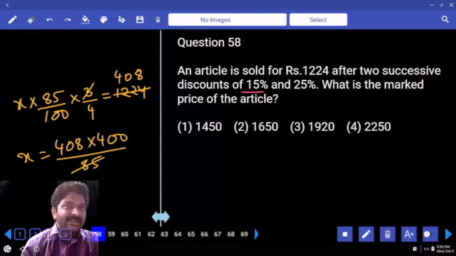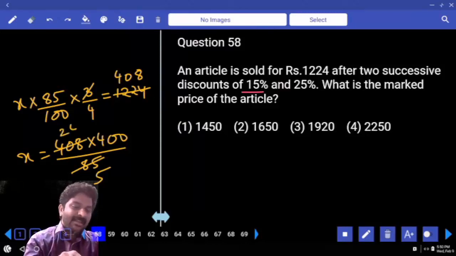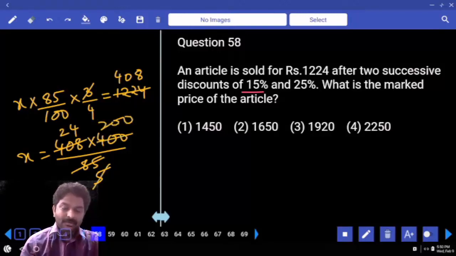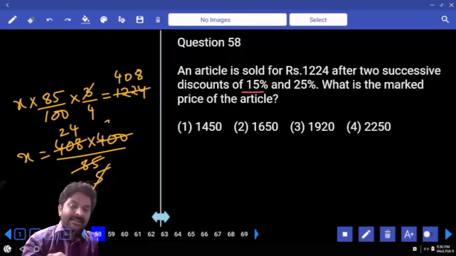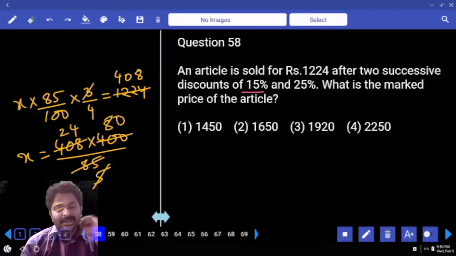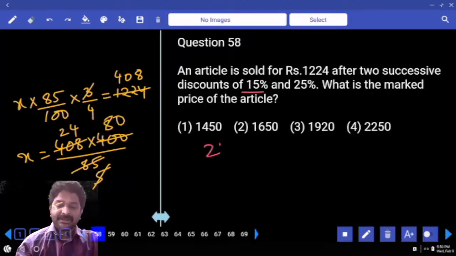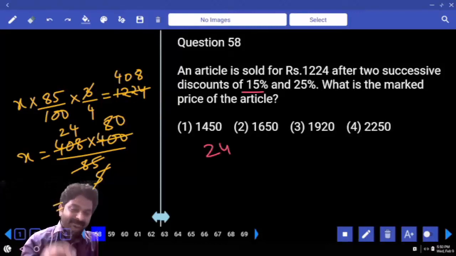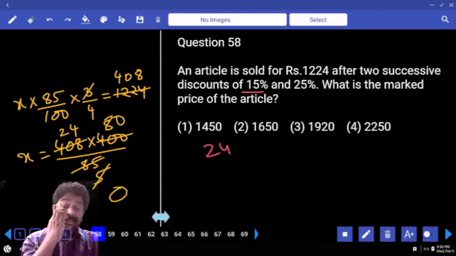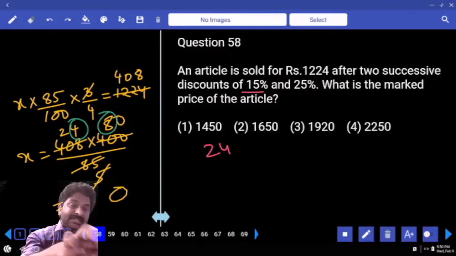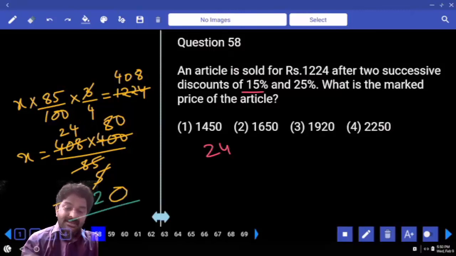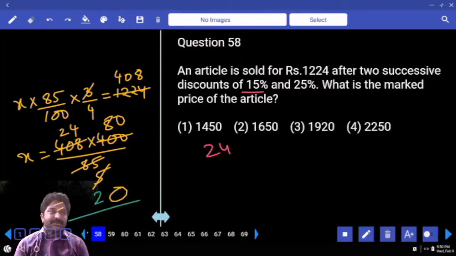This is 5 17 times, right? 17 5 times, 17 2s 34. 68, we have again 4 times. 80 times. 24 into 80. 24 10 times. Otherwise you can go for last digit verification. You have 0 in 80, you'll get 0. Next, 4 into 8 ends with, the answer must end with 20. There is only one option.